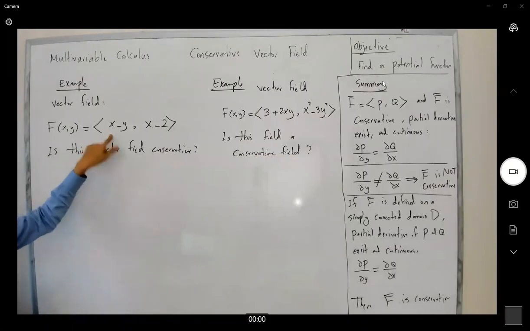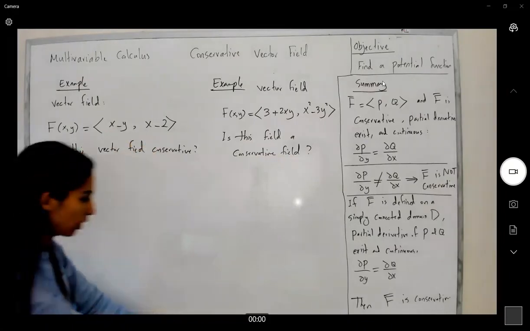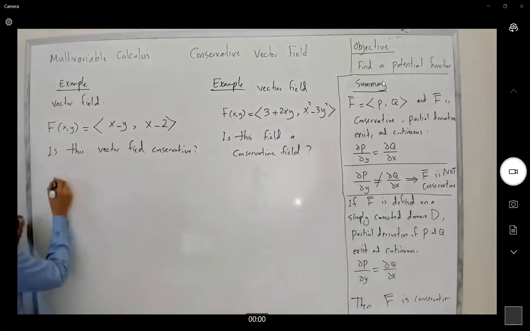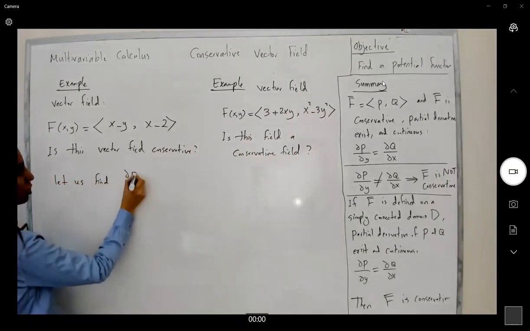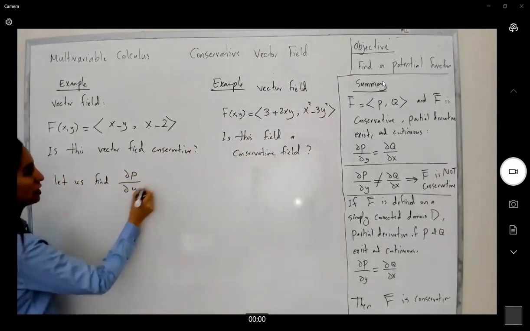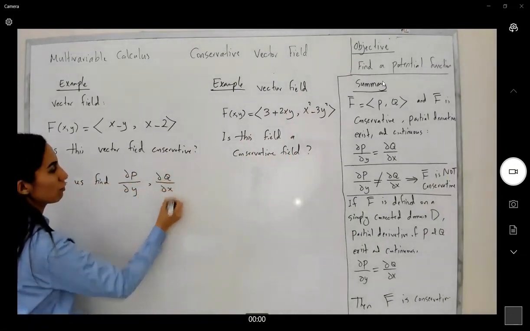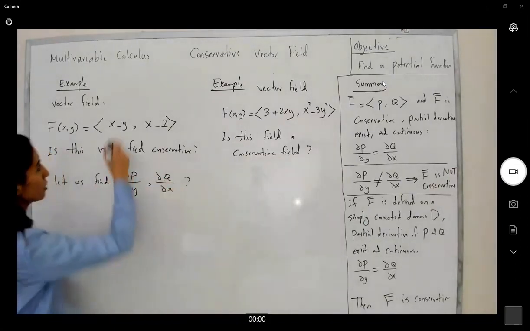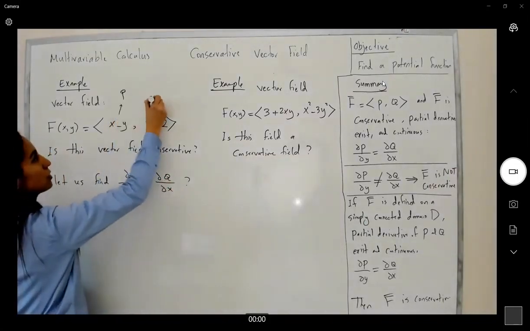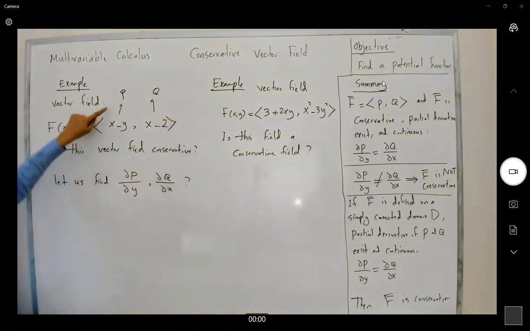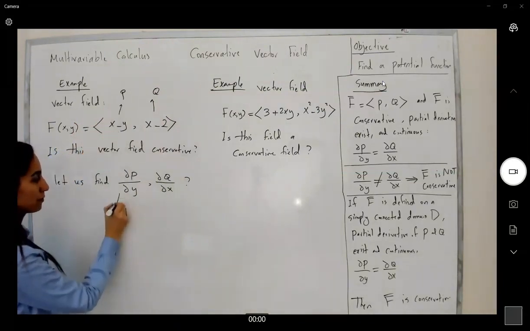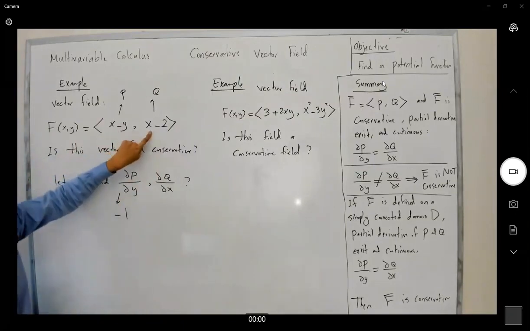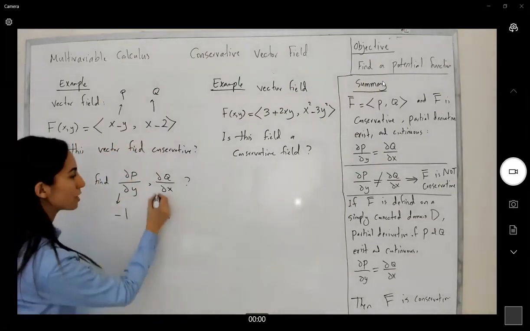Very well. So you have P, you have Q. Let's find the partial derivatives of P and Q: partial derivative of P with respect to y and partial derivative of Q with respect to x. Partial derivative of P with respect to y, not x, is -1. Partial derivative of Q with respect to x is +1.